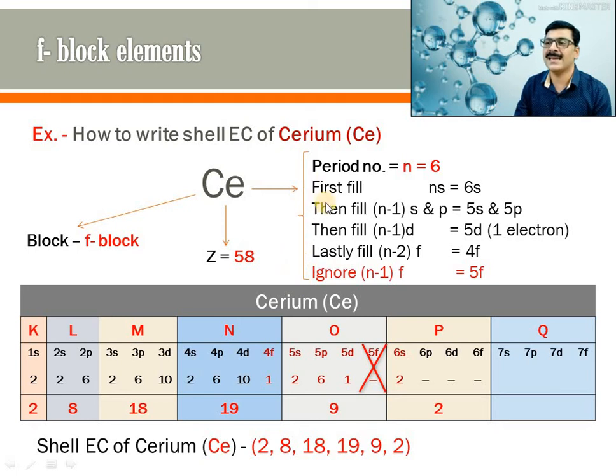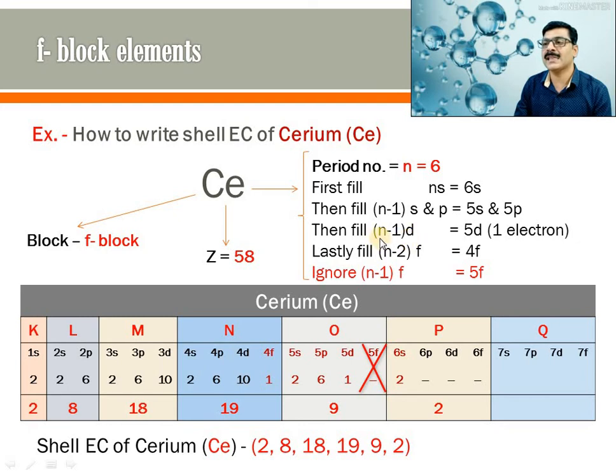And the first thing is to first fill up ns, and the value of n is 6, so the 6s orbital is filled first. Now then n-1 s and n-1 p, and the value of n is 6, meaning 6 minus 1, which is 5s and 5p. So first fill up 6s, then fill up 5s and 5p, and then fill up n-1 d.